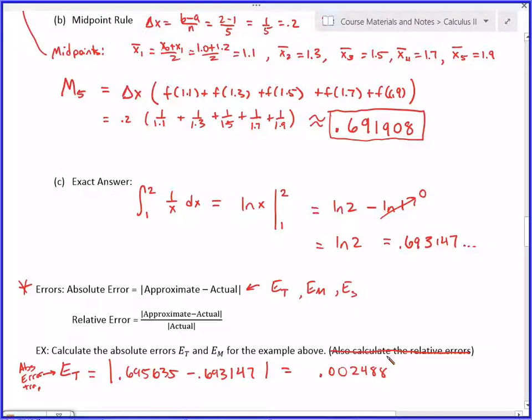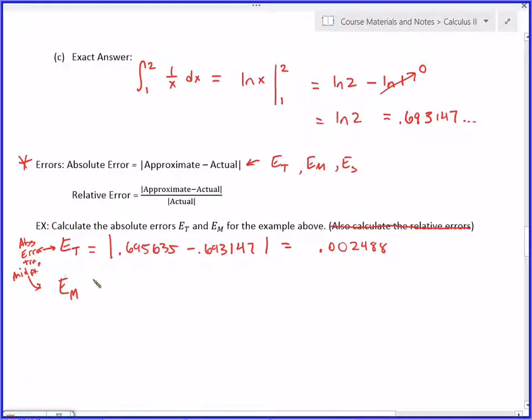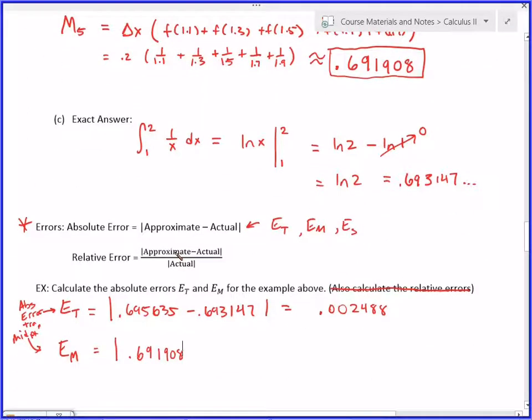And E sub M, the midpoint error, is the absolute value of 0.691908 minus 0.693147, and I got 0.001239.